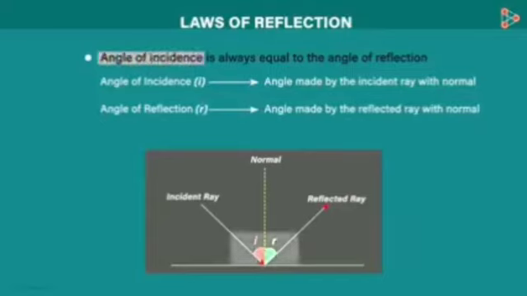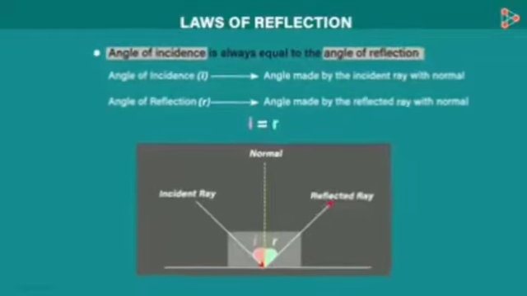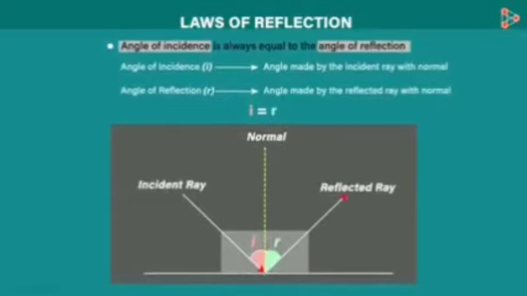What does the first law state? The first law states that the angle of incidence is always equal to the angle of reflection. So we can say that i is equal to r. As per this, the angle made by i is always the same as the angle made by the reflected ray, that is r.